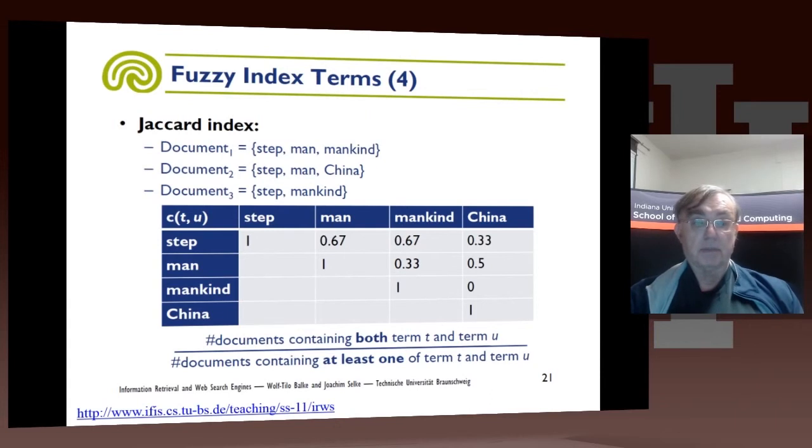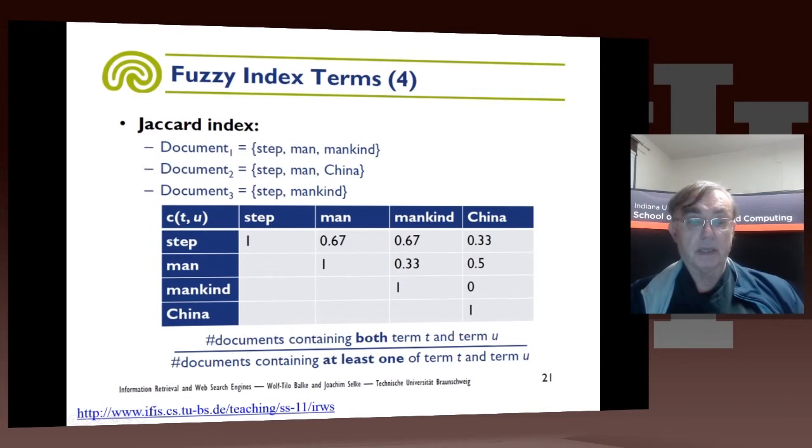So here's some examples of the Jaccard index for our three documents: step, man, mankind; step, man, and China; and step and mankind. Then we see that for the first document, we have, by definition, the Jaccard index of when T and U are equal is 1.